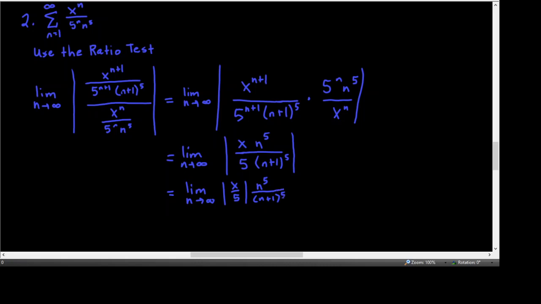The absolute value of x over 5 is constant as far as n is concerned, so we can take out the absolute value of x over 5. And then the absolute value of 5, of course, simplifies to be 5.